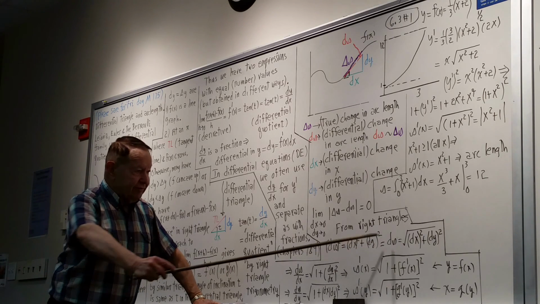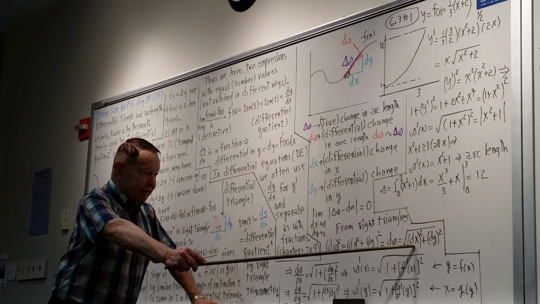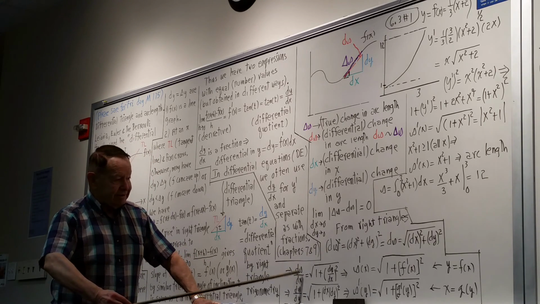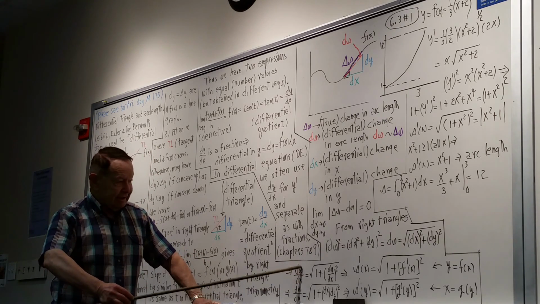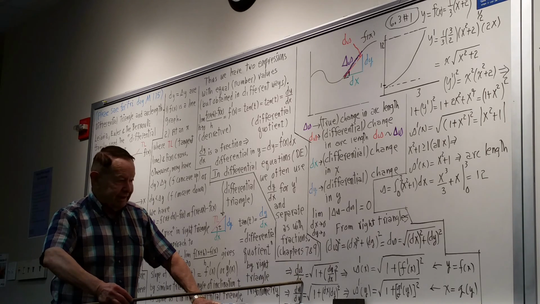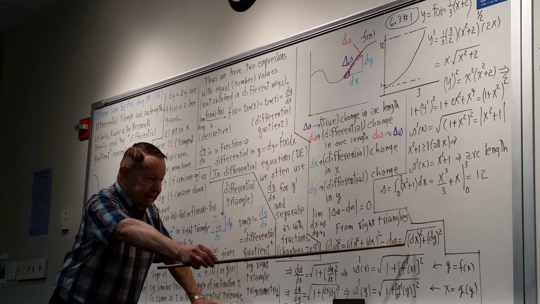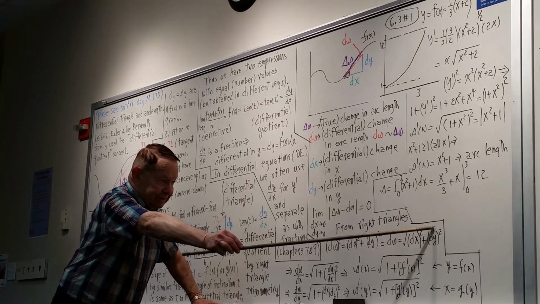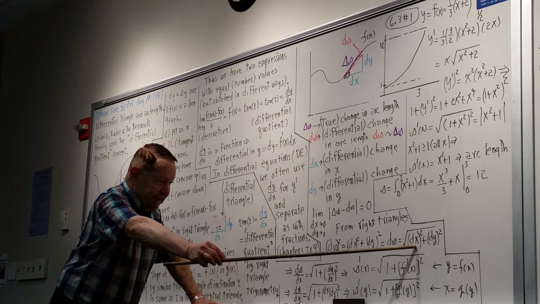So you could solve for ds by taking the square root, and then if you think of arc length as a function of x, your differential quotient, ds divided by dx, would be this law of Pythagoras expression divided by dx.